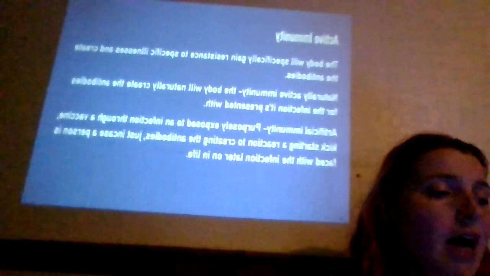So you have an acquired immune system, and this is how the body learns how to defend itself in different ways. So you have active immunity, and this will gain resistance to specific illnesses.